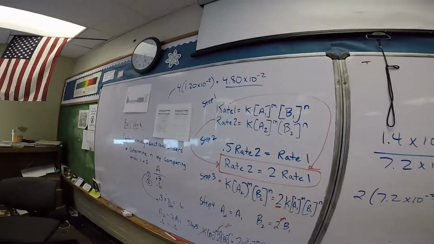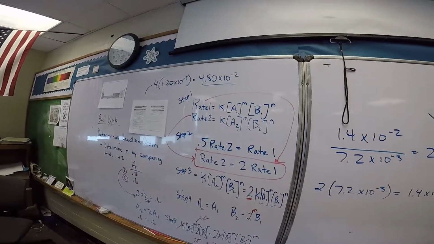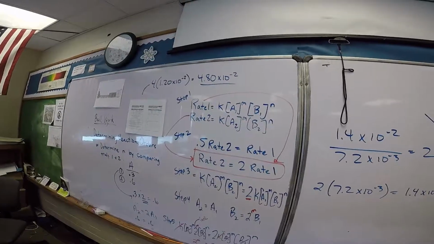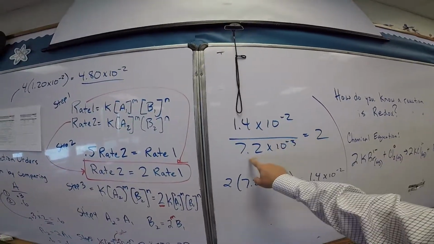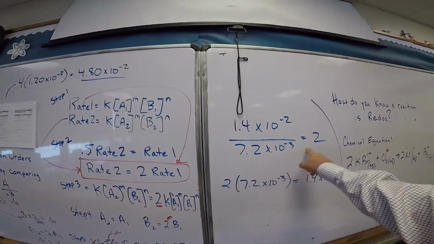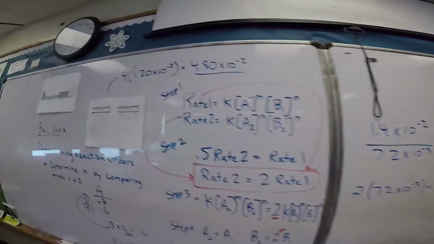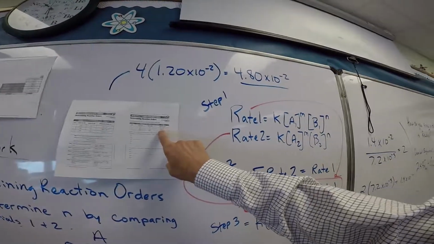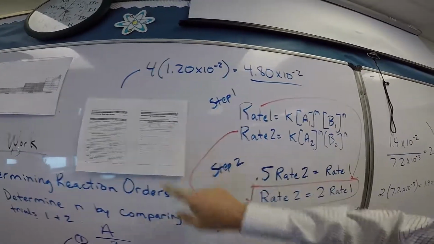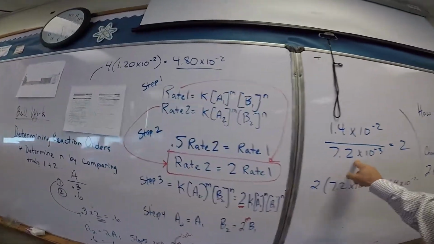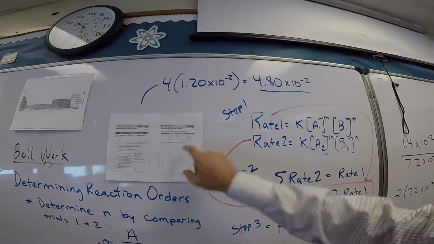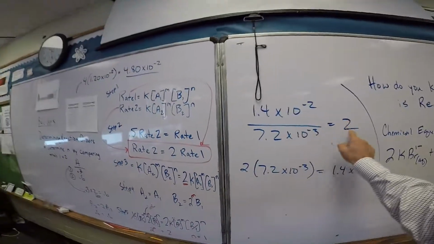Now, step 2, that's when you compare the rates. You can divide 1.4 to the negative 2 by 7.2 to the negative 3, and you get 2. They've taken the second rate as the numerator and the first rate as the denominator, and they get 2.